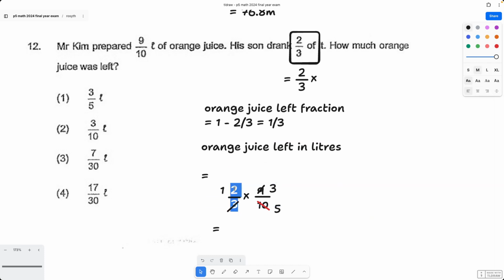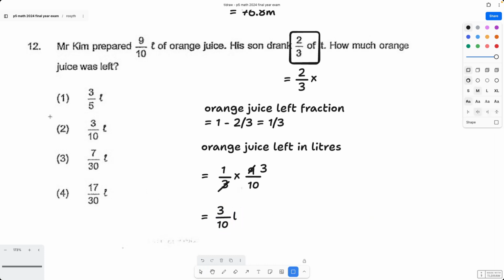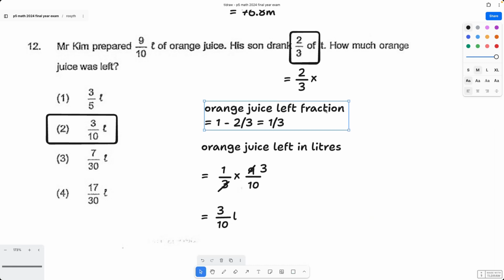This is just 1 itself. Then 1 out of 3 times 3 out of 10. This will then become 3 out of 10. That's it. Liters. We can put the letter L over here. So the answer is option number 2. All right, so in fractions.